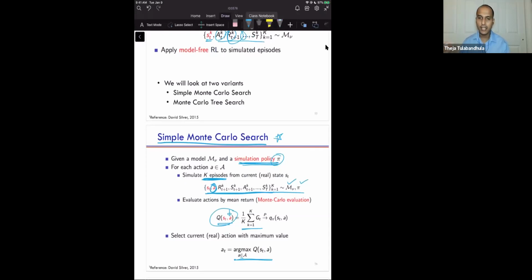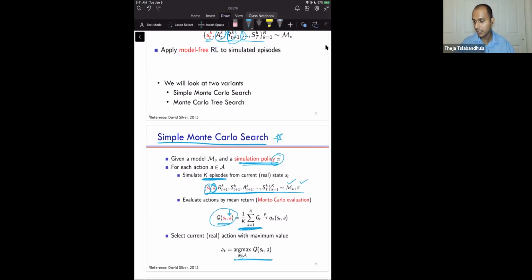If you have, let's say, 3 actions to take starting from the state, you have 3 choices. For each action, you create about capital K experiences or episodes, basically paths in the search tree. Get a sense of how good each action is, which is just the average return. Whichever action gave you the highest return, just pick that. That's the algorithm here.